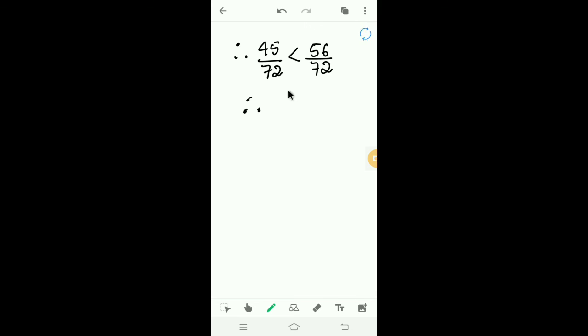Therefore 5 by 8 is smaller than 7 by 9. Answer is 5 by 8 is smaller compared to 7 by 9.